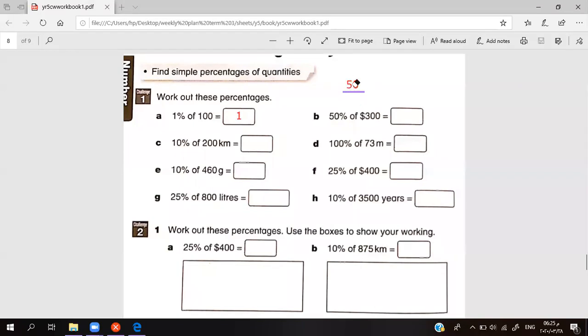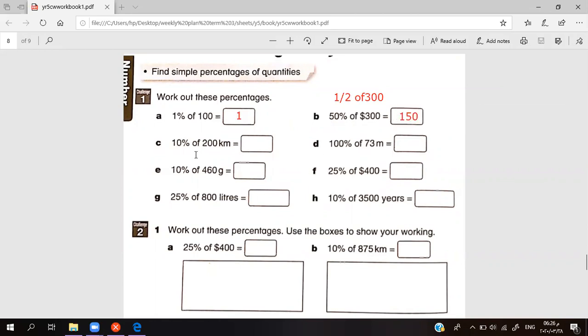Here he's depending on if you think well. 50% is what? It's a half, because we know that 50% of something is half of it. So half of 300. What is half of 300? What will I do? 300 divided by 2 will be 150.